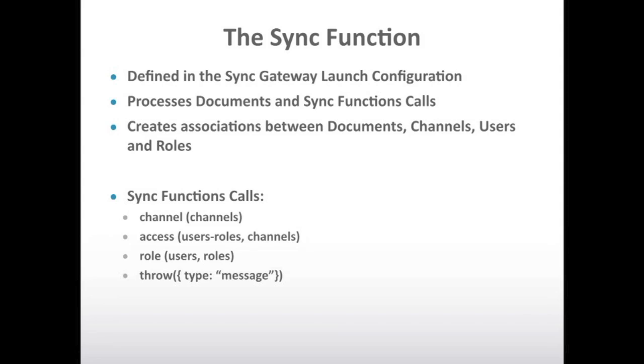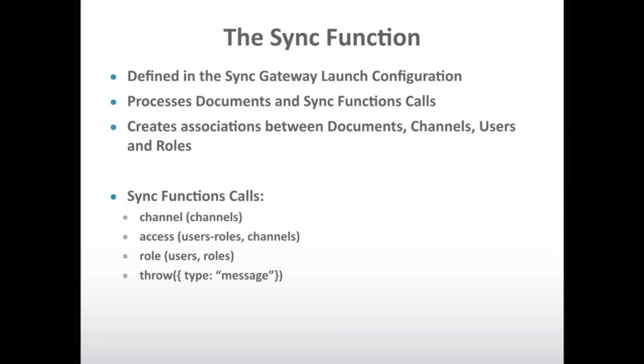The sync function processes documents and what we call sync function calls. The general purpose of the sync function is to create associations between documents, channels, users, and roles. Our sync function calls are: channel, whose parameter is all the channels that this document will be associated with; access, which will grant access to channels for users and roles; role, which will associate users with roles; and validation with throw, which takes a type and a message.